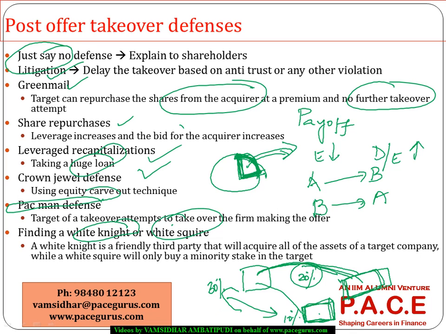Though it's not taking any control, it has increased the combined stake, which means a competitor targeting a hostile takeover has to really get the majority, and it becomes more and more difficult, because it has to cross the combination of these two. So that is where a white knight and a white squire can really help in preventing potential takeovers.